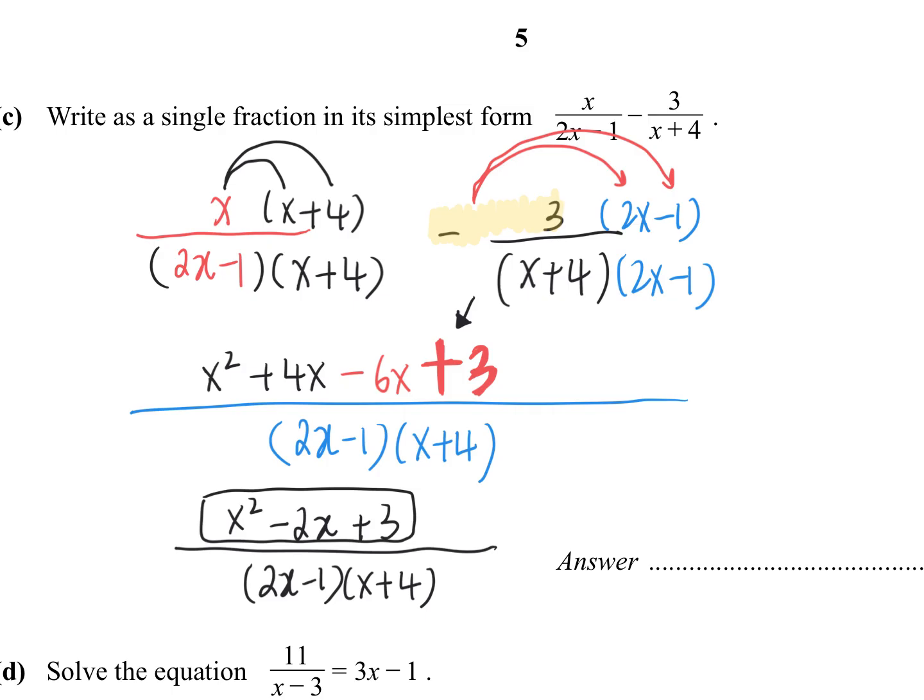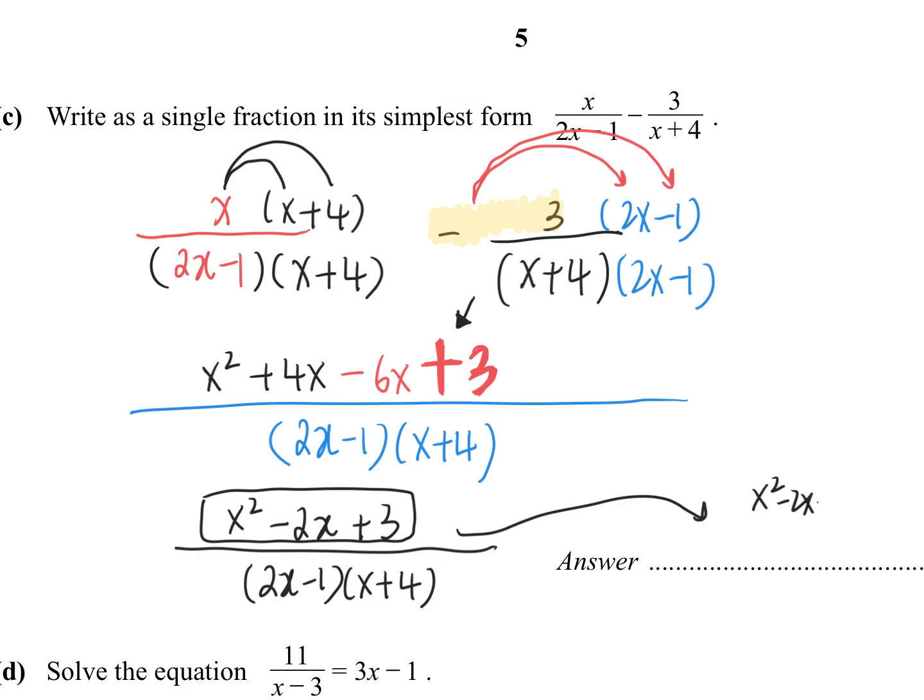Cannot. They are together. If you want to cancel, you cancel the whole thing in one shot. You cannot cancel part of the bracket. This 2x minus 1 is together. If you can find 2x minus 1 above, you can cancel. But if it is in a bracket, you cannot take the x out or take the 2 out like that. Cannot. So this is the answer already.